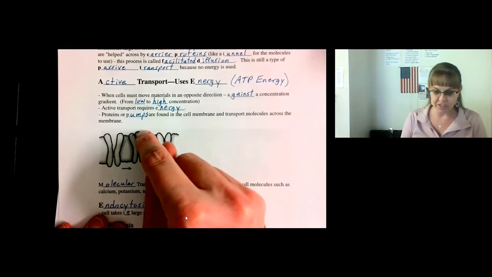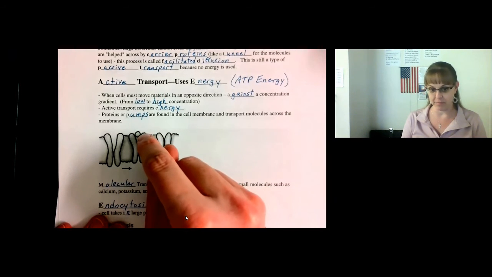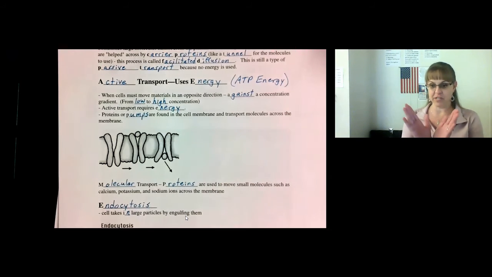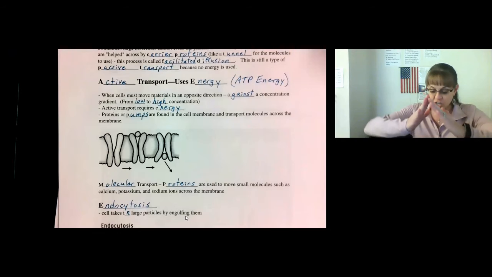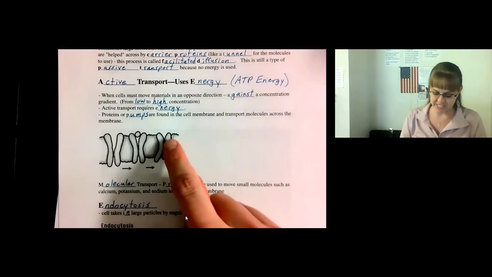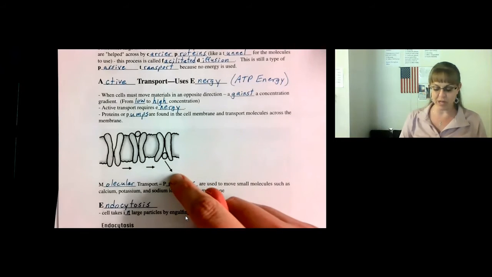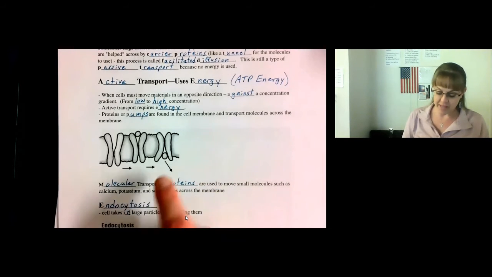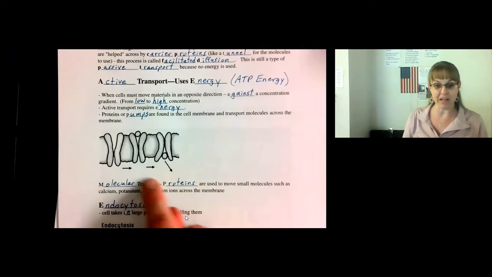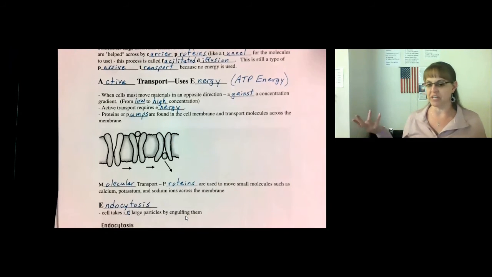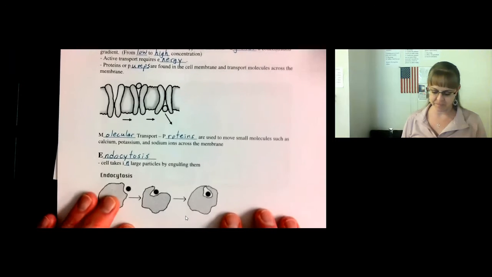And when a molecule that the cell wants comes up to the protein pump, the protein pump pushes the molecule through. See how it changed there, the shape changed? It pushed the molecule through and into the cell. Because there would have already been several molecules inside the cell and fewer outside, and the molecule wouldn't naturally move into the cell.